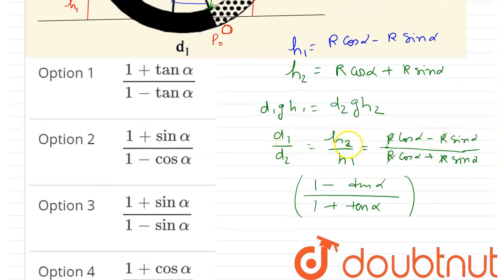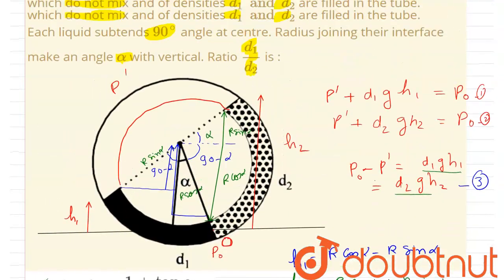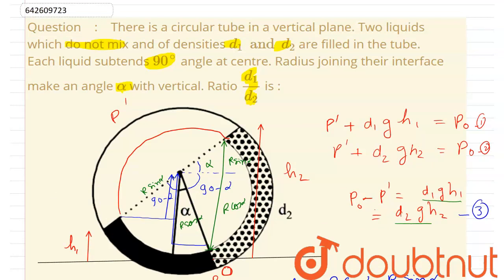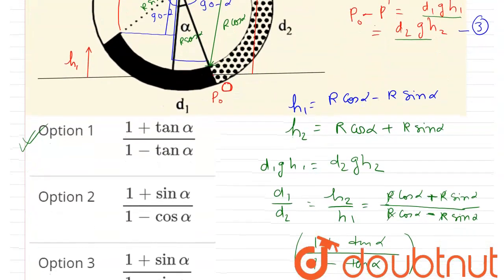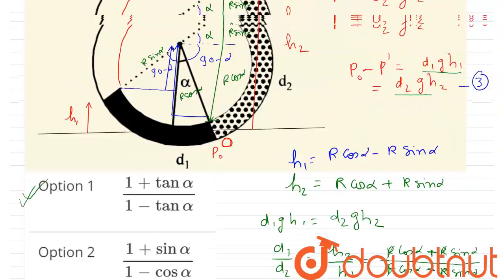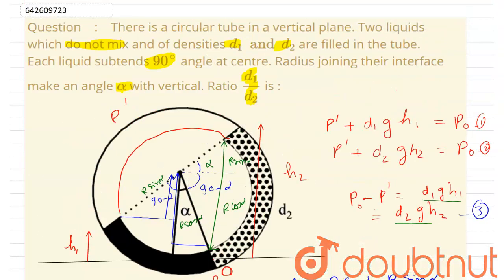We got h2 by h1, so here the plus sign will come and here the minus sign will come. So the answer will be this, right? Now you could check the correct answer is option A. So this was our question, and we got the d1 by d2 ratio as 1 plus tan alpha by 1 minus tan alpha. Simple. Thank you.